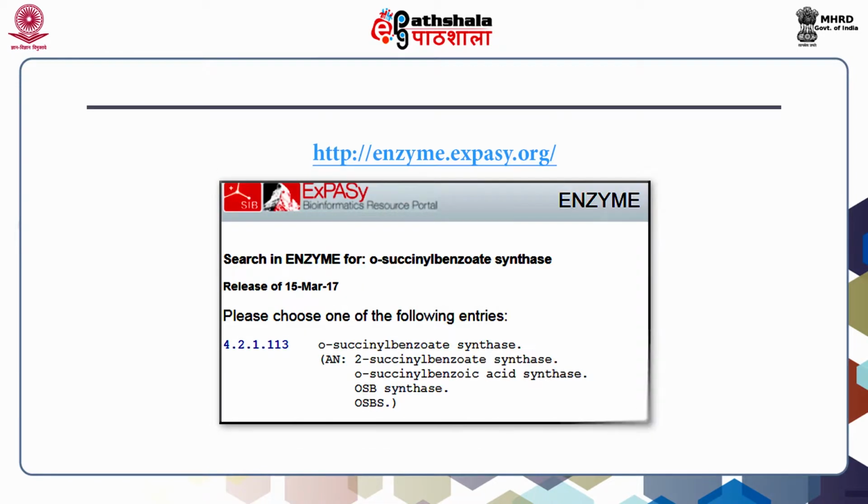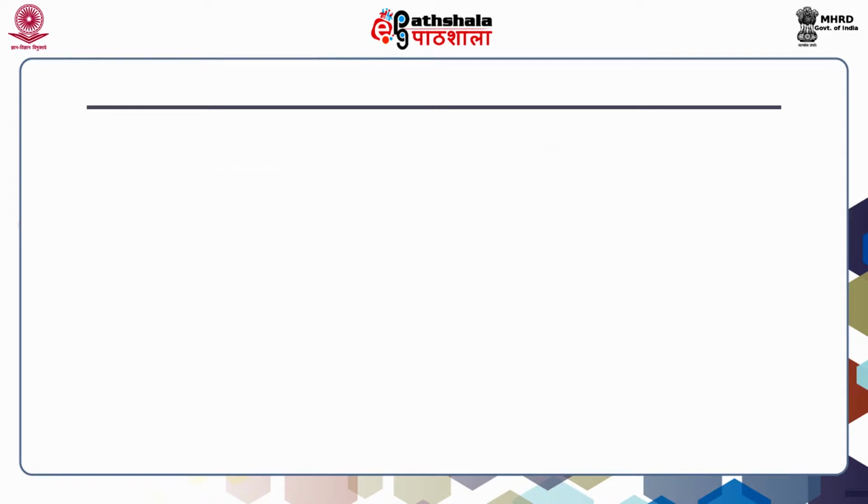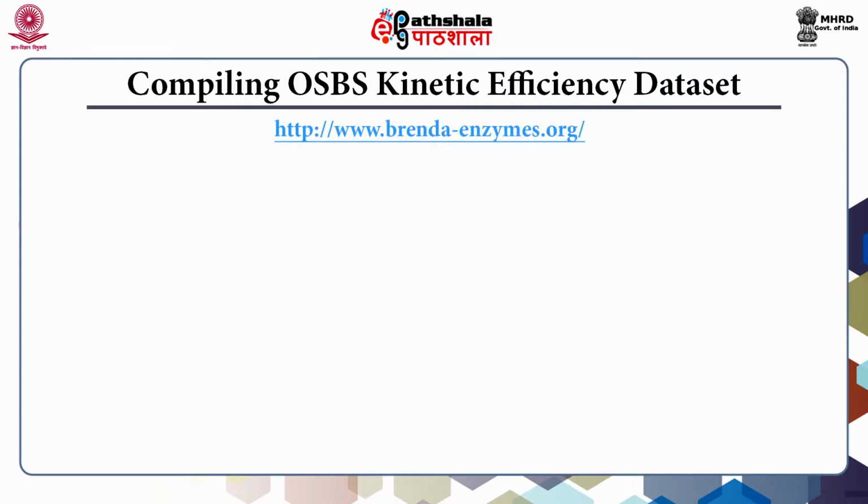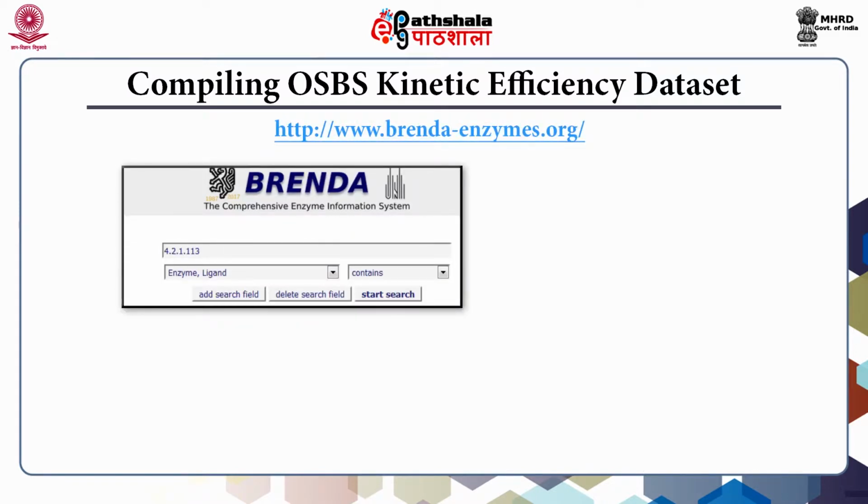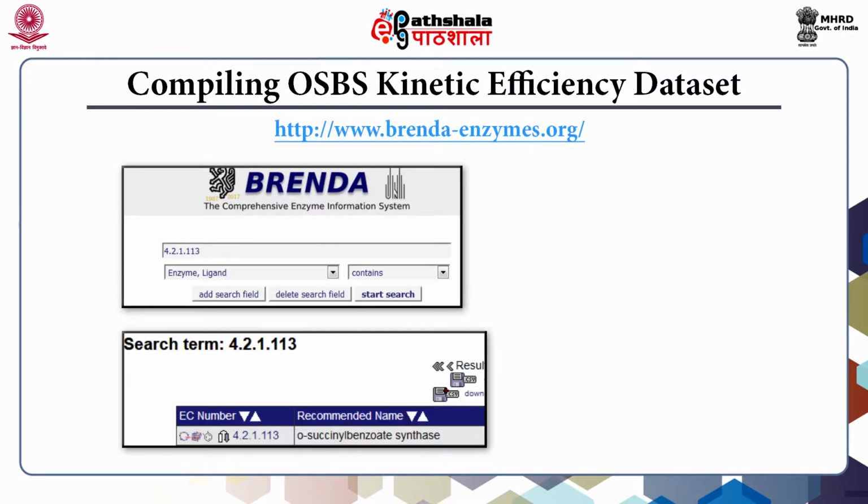This search displays enzyme 4.2.1.113 for orthosuccinyl benzoate synthase with several alternative names. Now visit the BRENDA enzyme kinetics database and search for the EC number 4.2.1.113 and press the Start Search button.